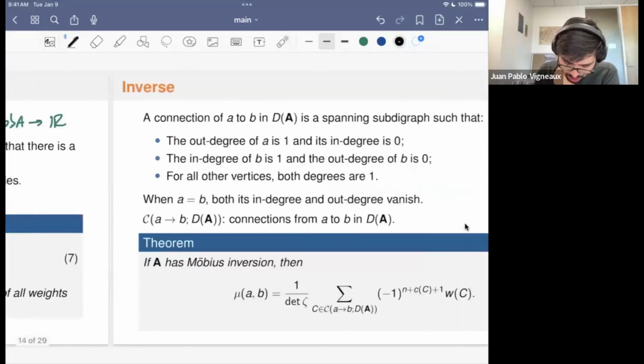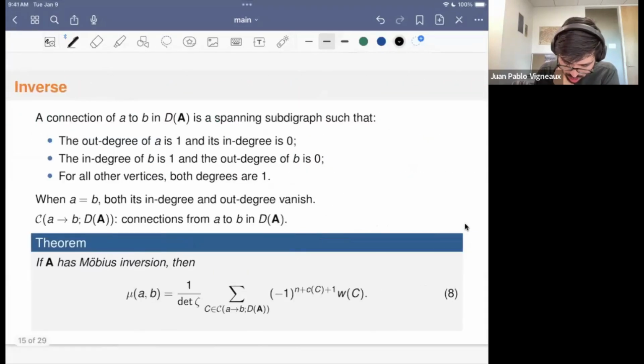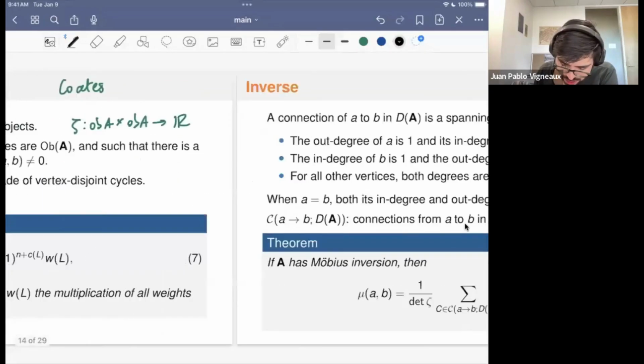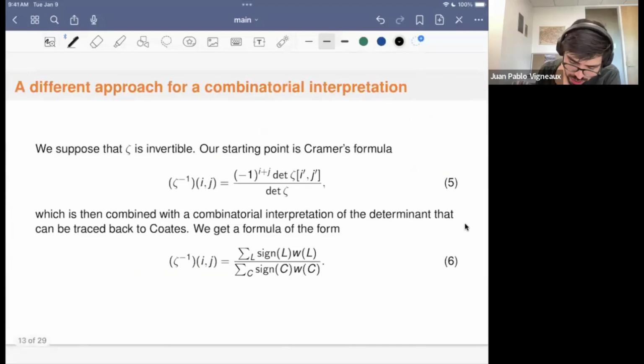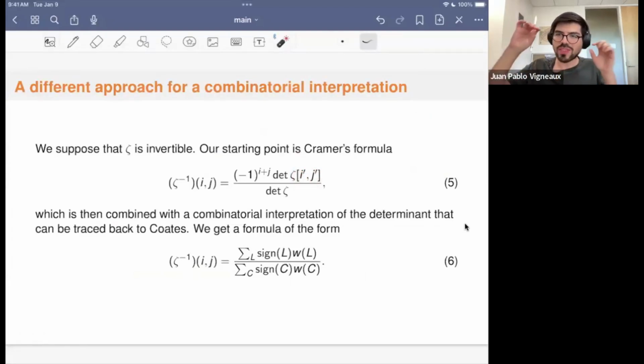Okay, so we have that thing, and now for the inverse, it's a bit different. You use the same idea, but because you're removing the row I and the column J, the vertices I and J in the graph are going to play slightly different roles. So now there's only going to be an arrow exiting from I, but no arrow coming to I. And there's only going to be an arrow entering J, but no arrow in the other direction.